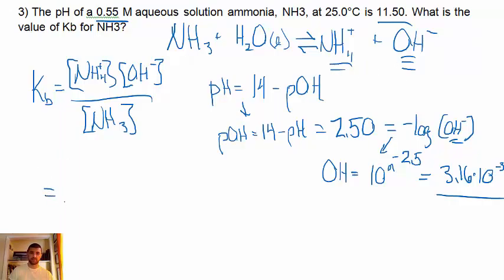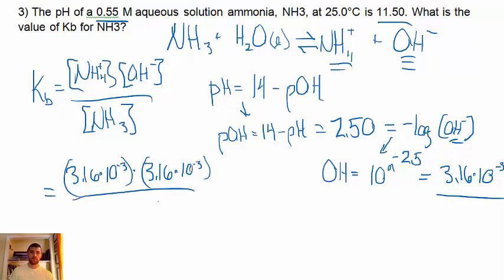So now I can start plugging in stuff into the Kb expression. I have 3.16 times 10 to the minus 3 times the same thing again, 3.16 times 10 to the minus 3, all over. Well, they told me it started with 0.55 molar, and I would have used up 3.16 times 10 to the minus 3, so I no longer have the same amount that I started with.